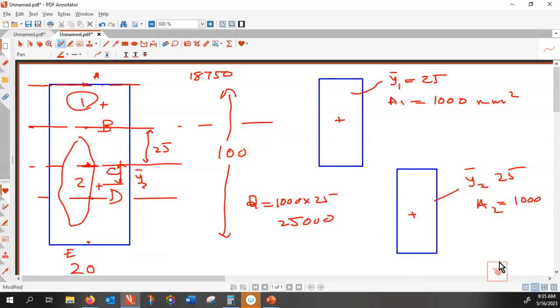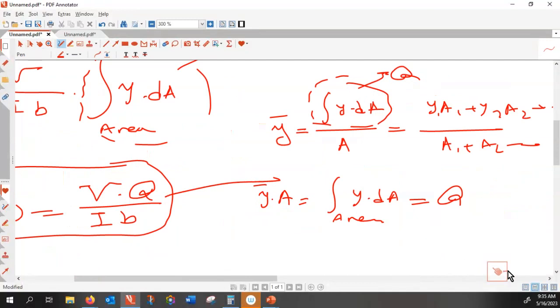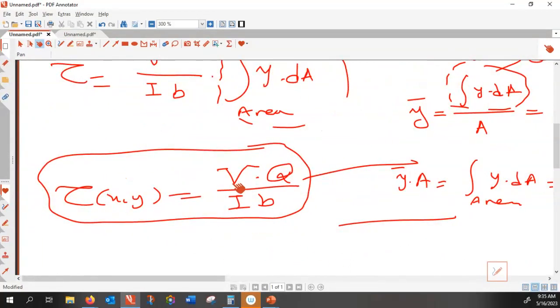Let me show you the formula. That is the formula we had. Look, shearing stress is the product of V, Q, over I, B. So the only thing which could change is either Q or B.